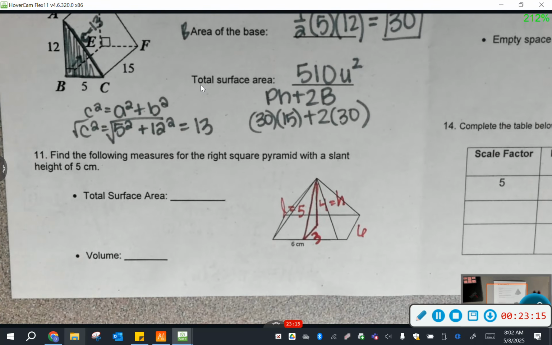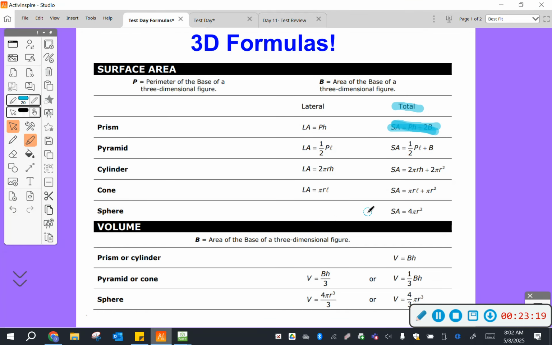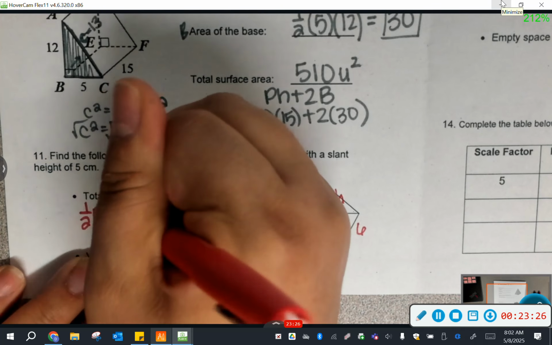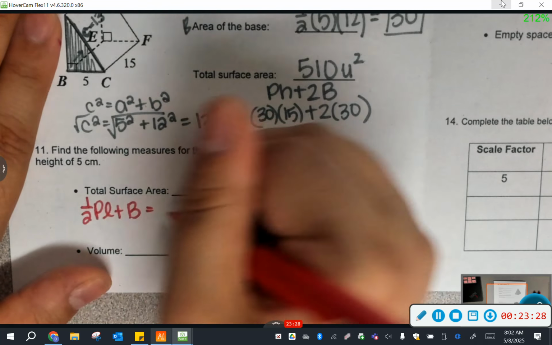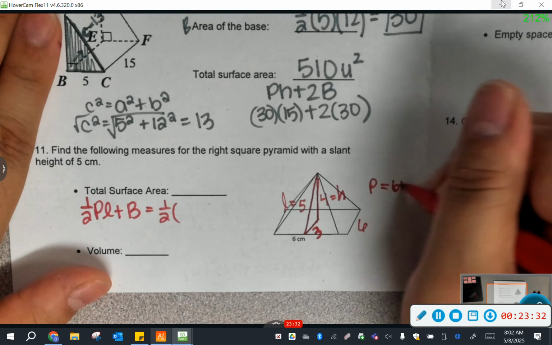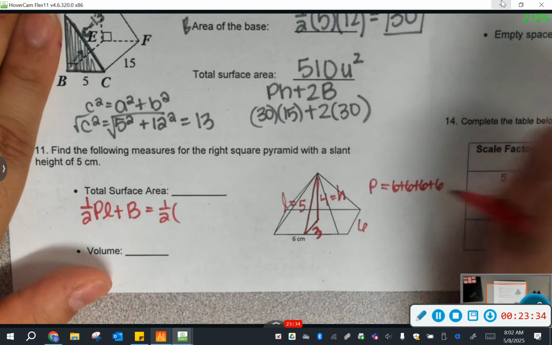And now you're just going to plug into the formulas. So total surface area of a pyramid is 1/2 PL plus B. The bell's going to ring soon, so I'm just going to do this very quickly. My P is 6 plus 6 plus 6 plus 6, which is 24.